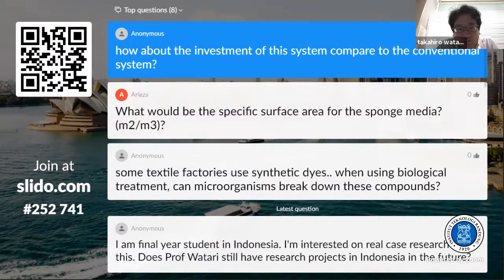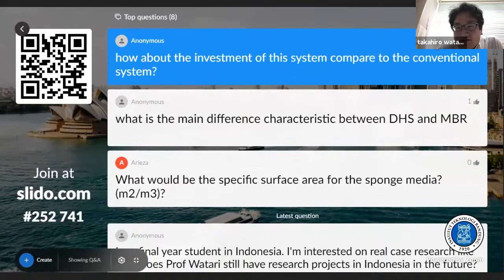Therefore, the investment cost is expensive, but the operational cost is very cheap. Maybe over a 5-year cycle, I'm not sure how they calculate replacement, but the total cost is cheaper than conventional systems. And the specific surface area is 1.87 square meters per cubic meter.